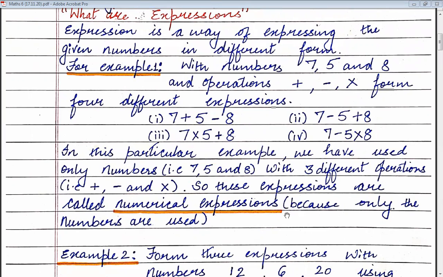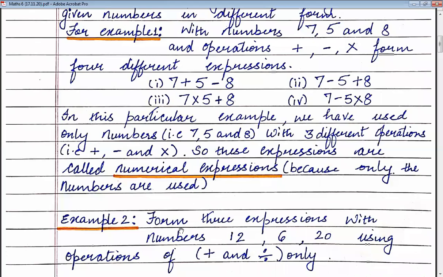Let us take one more example. Now, form three expressions with numbers 12, 6, 20 using only two operations, that is addition and division.